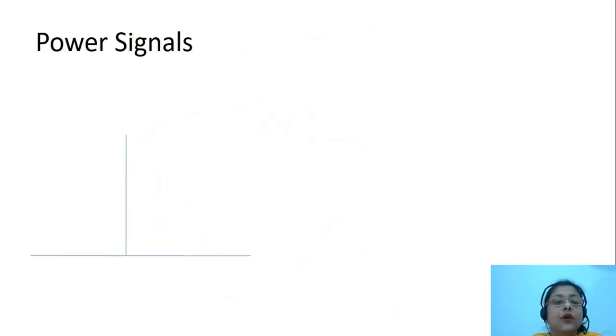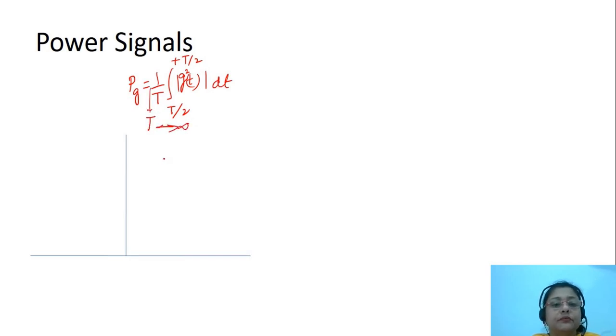Let us understand what a power signal is all about. If we have a signal g(t), the power of the signal is given as the limit as T tends to infinity of 1 by T times the integral from minus T by 2 to plus T by 2 of g squared(t) dt.